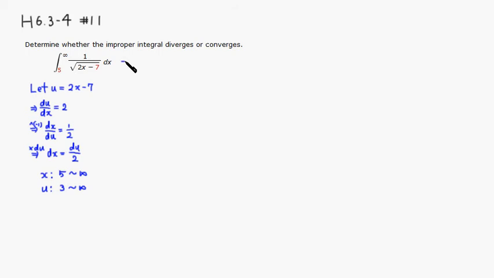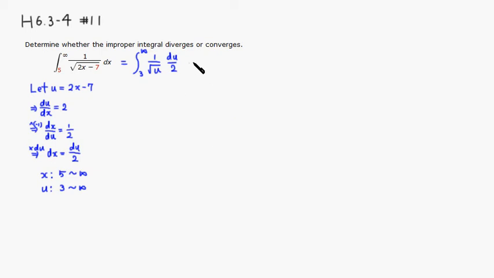So this can be rewritten as the integral from 3 to infinity of 1 over square root of u, and dx is du over 2. Let's clean this up a little bit.